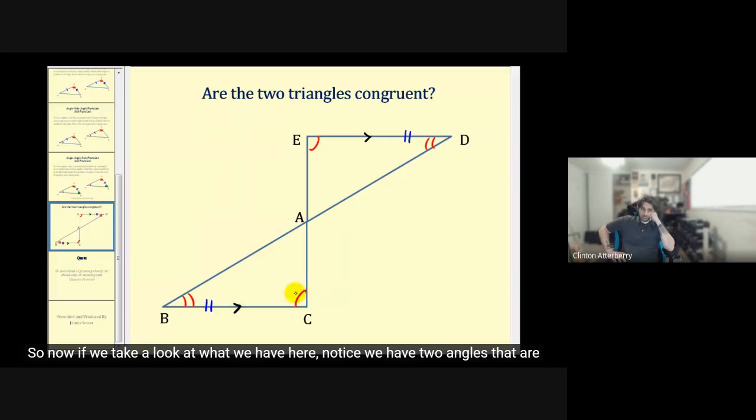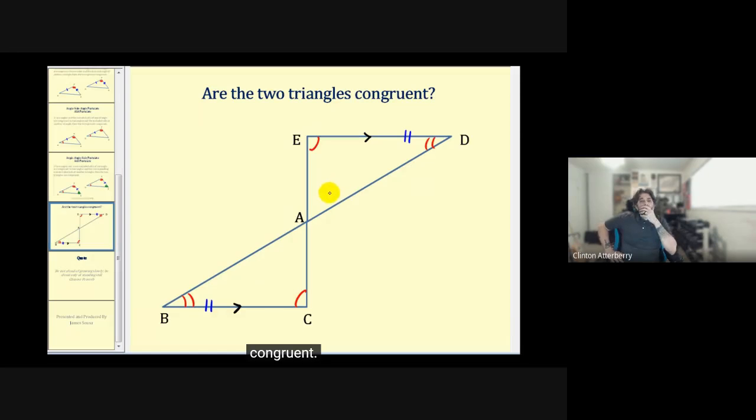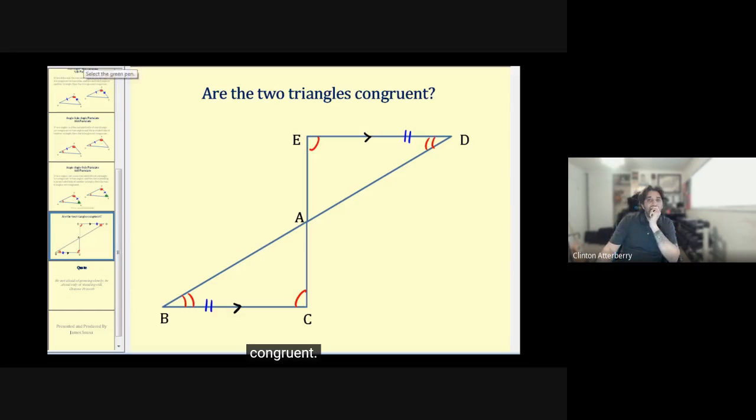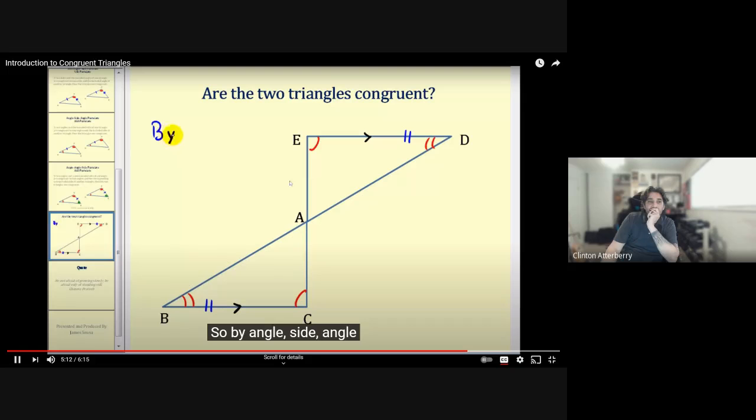Now if we take a look at what we have here, notice we have two angles that are congruent as well as an included side. So this satisfies the angle-side-angle postulate, and we know that these two triangles are congruent by angle-side-angle.